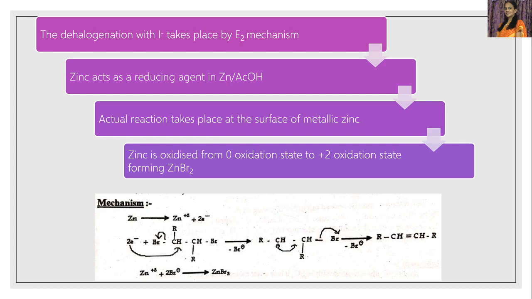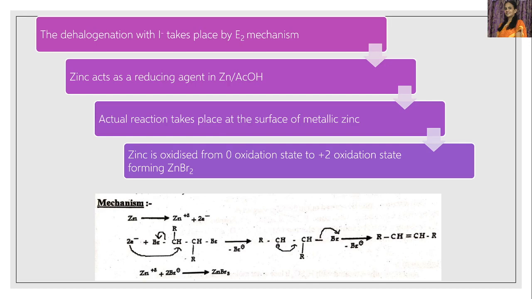First one is I minus used, that is sodium iodide, and zinc can also be used as a reducing agent. So dehalogenation with I minus takes place by E2 mechanism and zinc acts as a reducing agent in zinc in acetic acid. These are the different points about the dehalogenation.